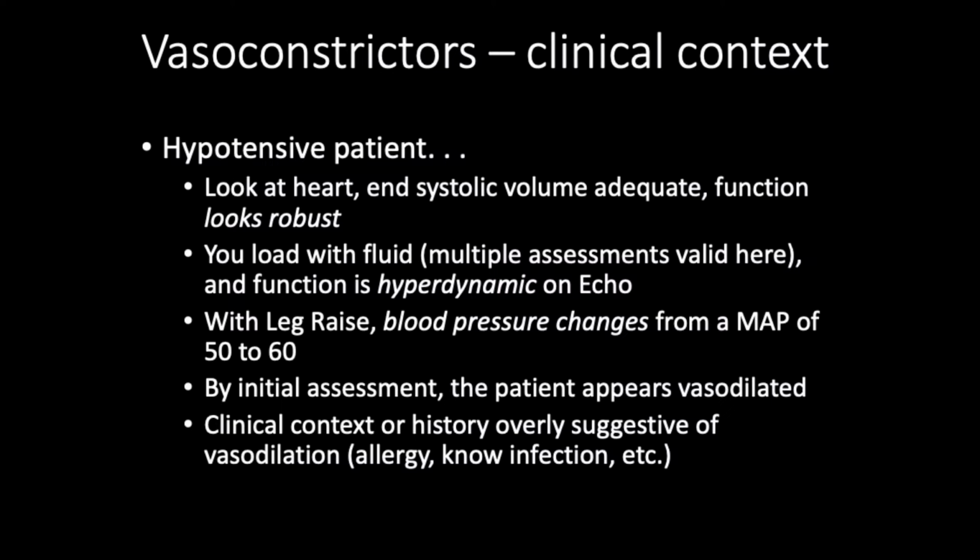Function looks robust. So often you're doing this echo to ask yourself, does this patient need a constrictor, an inotrope, more fluid? Here you've kind of answered all three questions here. Like, you're probably euvolemic, you don't need an inotrope, you definitely need something to improve the blood pressure, and that will be your vasoconstrictor.